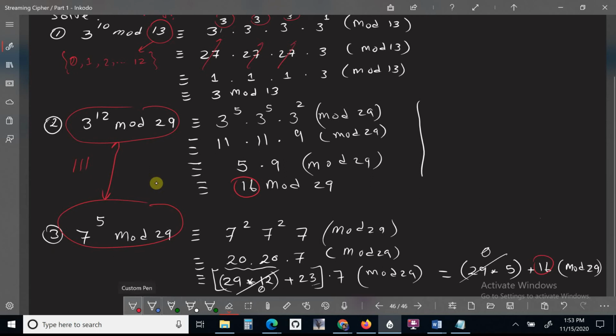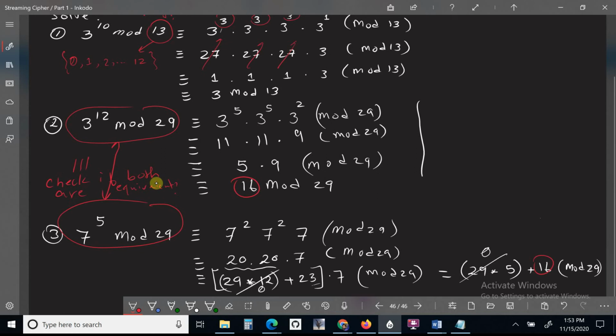I'm going to prove it. The question is to check if both of these formulas or numbers are equivalent or congruent. So we have 3 to the power 12 mod 29.